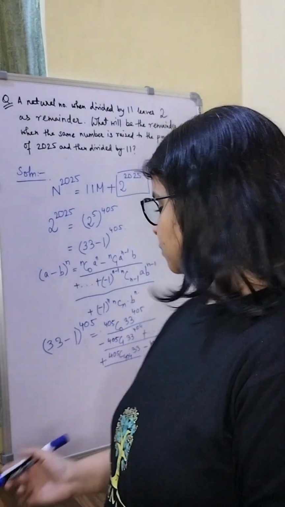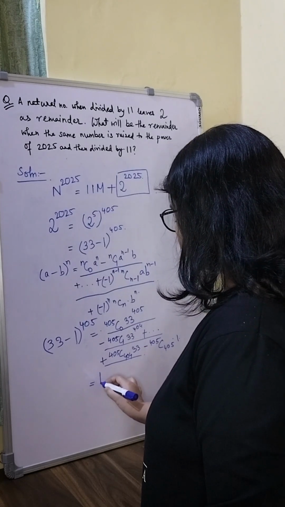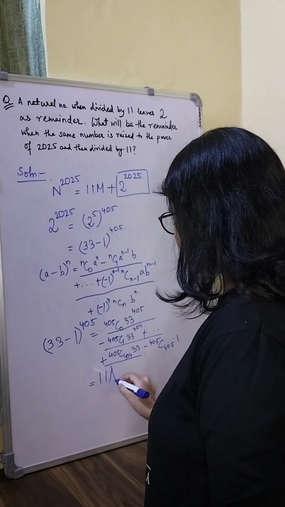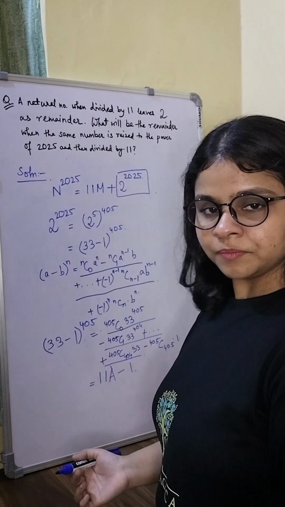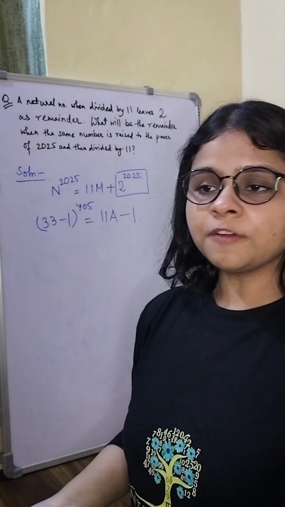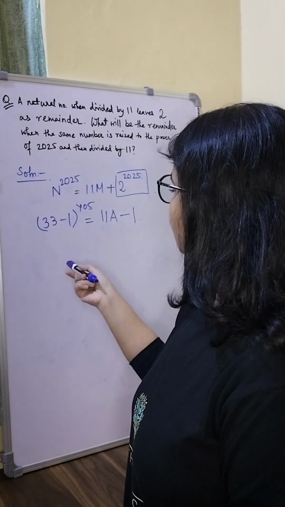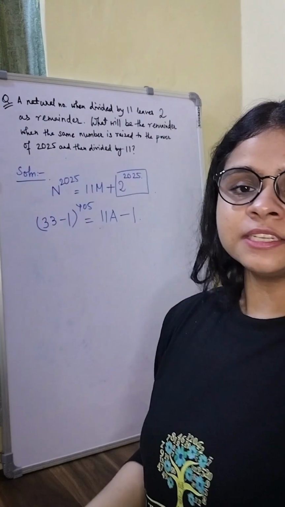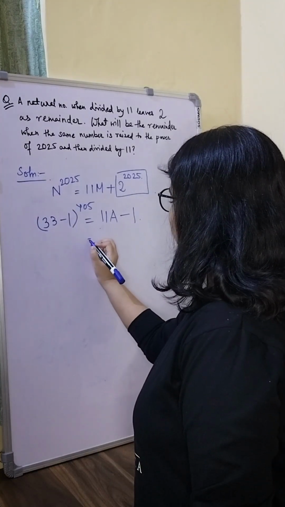Correct? So now we can write it as some 11a minus 1. Okay? So we found out that 33 minus 1 to the power of 405 is nothing but some 11a minus 1. Okay? So what can we say now?